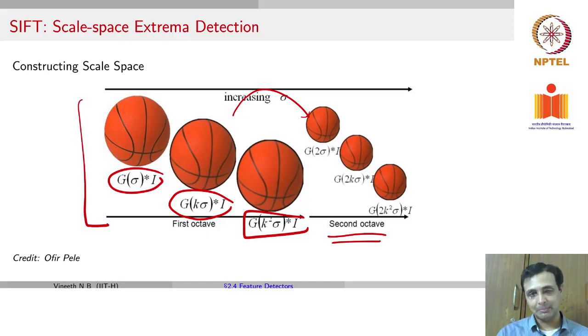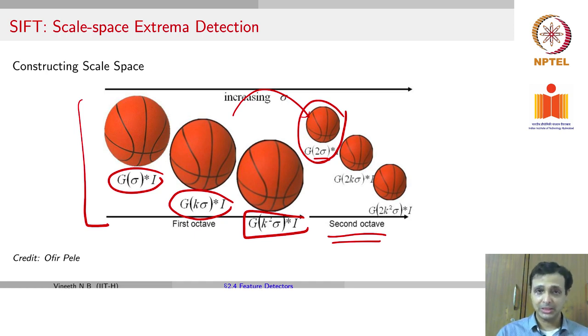Instead of doing a subsampling and repeating the same process, you can also simply do a Gaussian convolution with 2 sigma. Remember, that will make it wider. So you can simply do a Gaussian convolution with 2 sigma, and that gives you a similar effect as constructing a second octave of subsampled images.